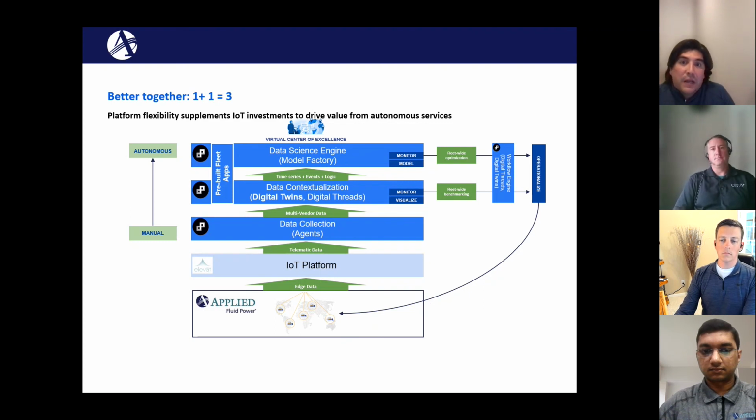There are many different ways that we can operationalize, so we can start seeing value very early on in the process of bringing all this together. So it's a really important partnership, and really shows how the flexibility of the platform supplements and leverages the IoT investments to drive value from achieving the autonomous service level.